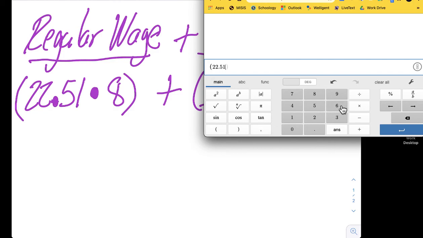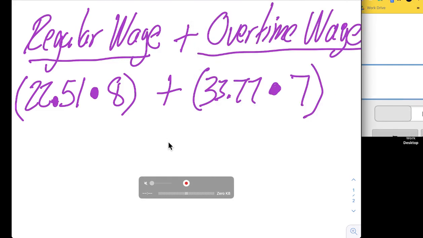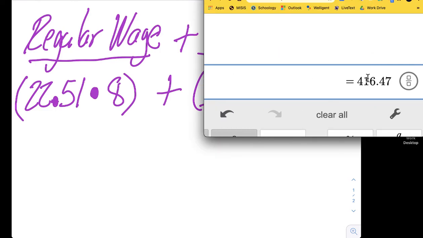Let me make sure that it looks exactly like that. Perfect. And what do we get?